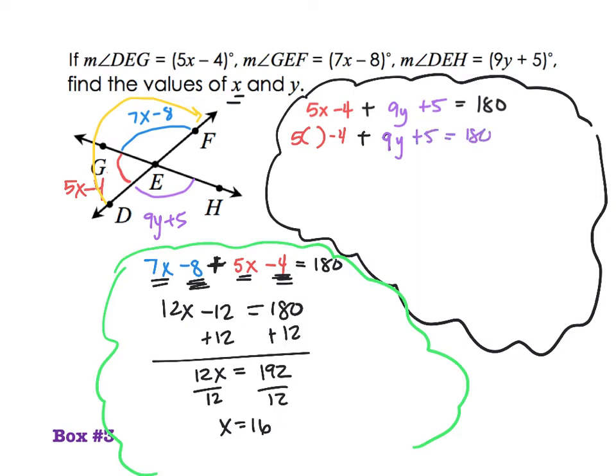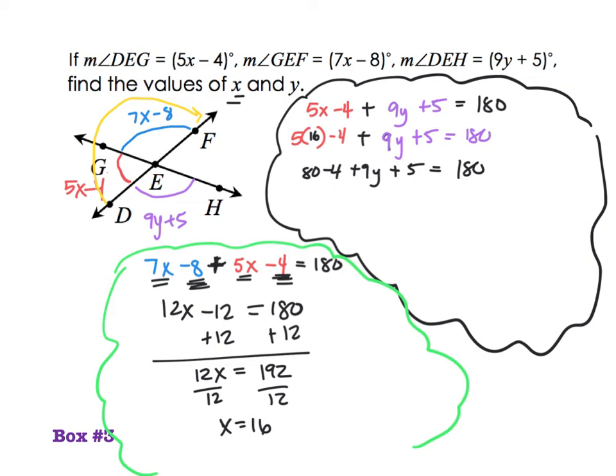But again, I already know my x, so instead of writing x, I'm just going to write 16. So I have 5 times 16 gives me 80. So I have 80 minus 4 plus 9y plus 5 equals 180.